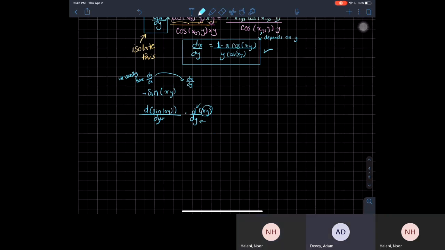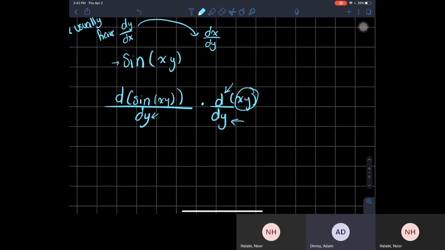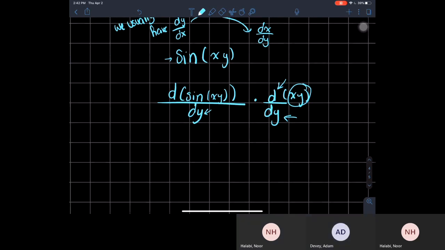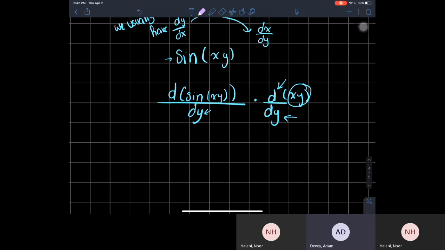So we wrote that twice. Right here, we know the first equation is sine in parentheses xy, and then right next to it, the next one would be in brackets, prime, x and y, and that's how you combine it.